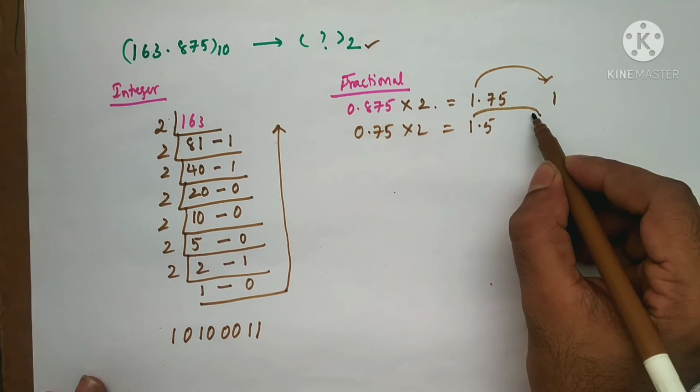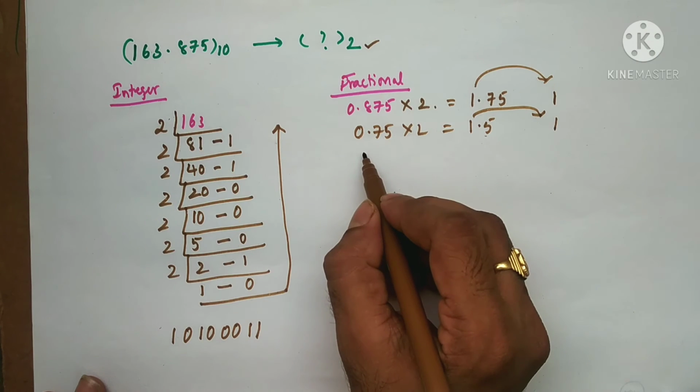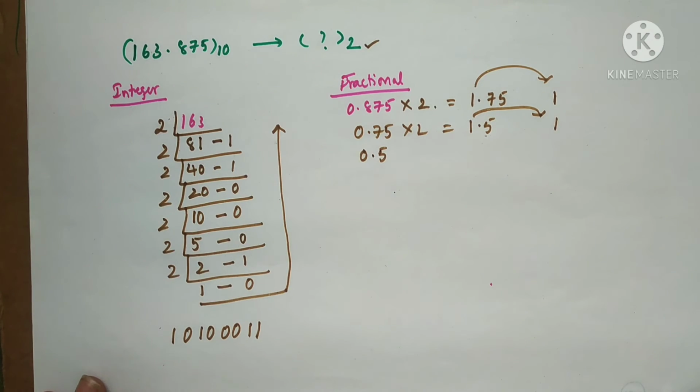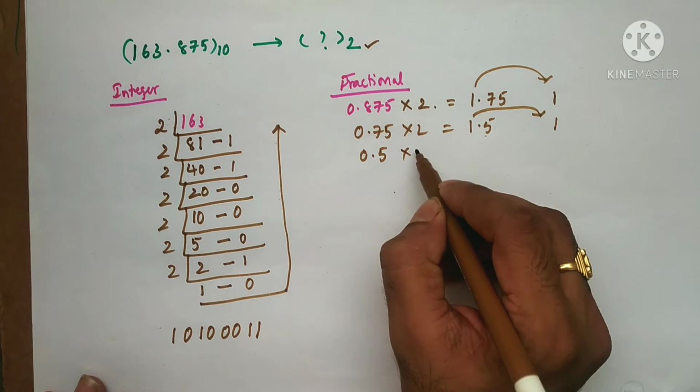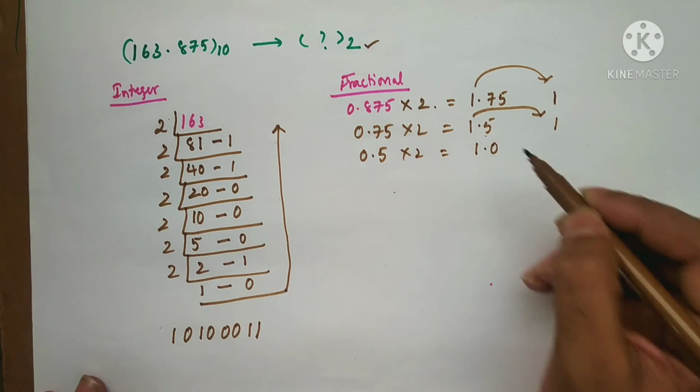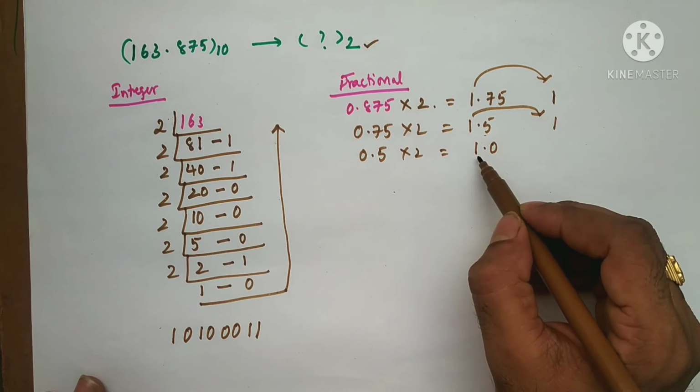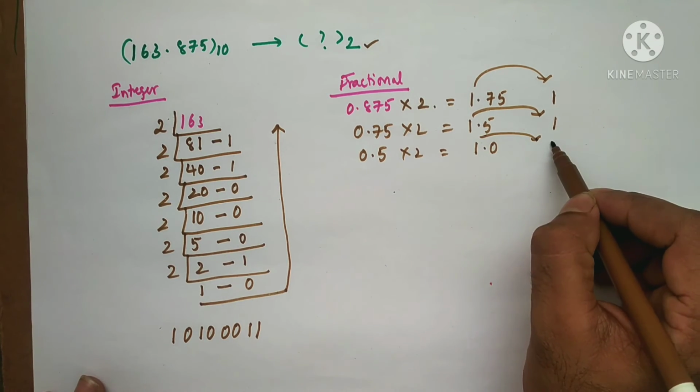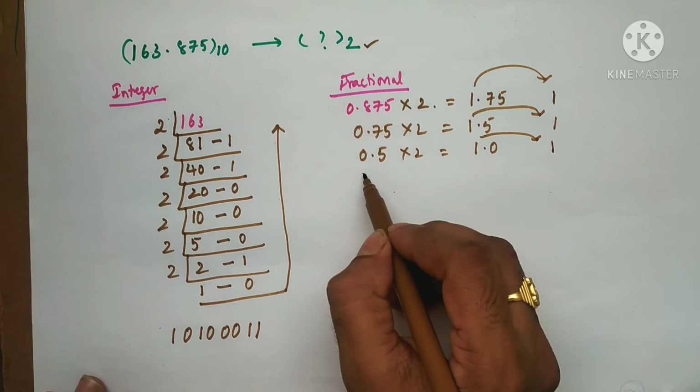Remove the integer part and write down the fractional part. Okay, 0.5 here, right? So 0.5 into 2, the value is 1.0, right? So remove the integer part in this answer and take the fractional part again.